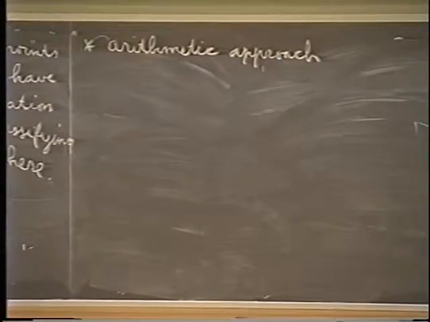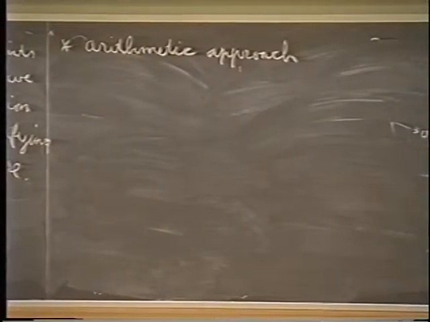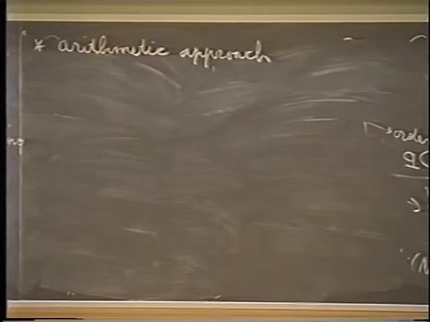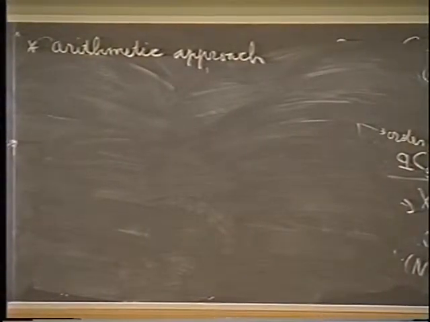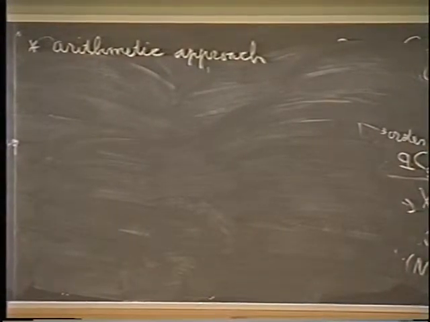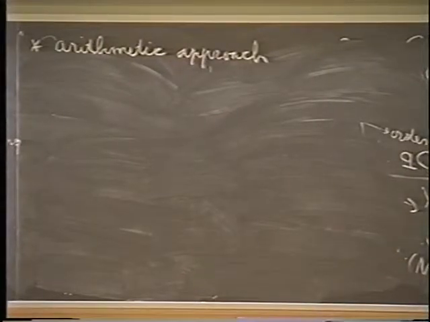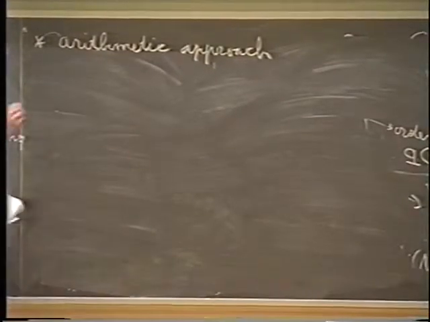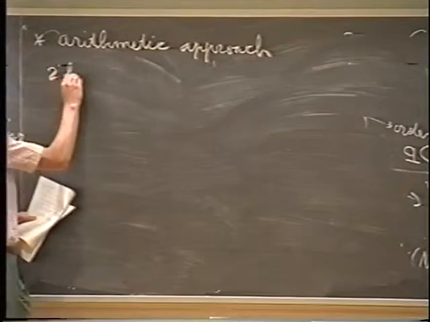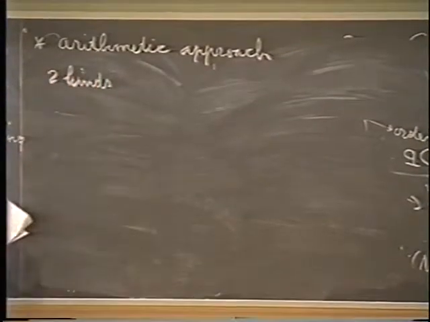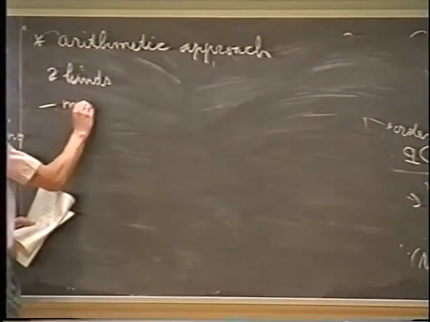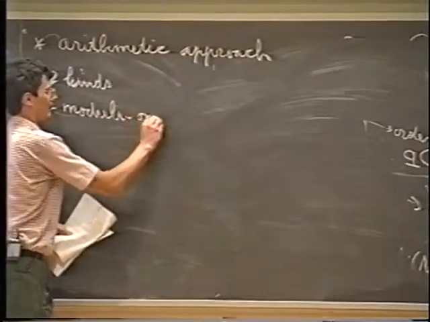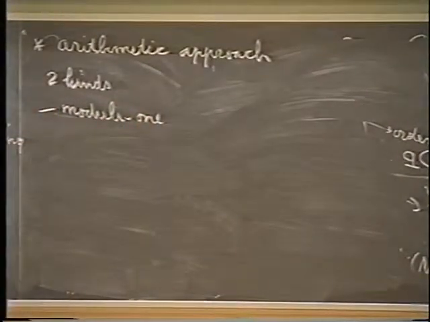It does give you arithmetic, that's why I call it an arithmetic approach here, and also it takes into account that you'd like to have some interpretation in terms of classifying some generalized elliptic curves and maybe generalized subgroups or whatever kind of additional structure you put on them. So there are two kinds. The one is the moduli one, which is really wonderful, beautiful, gives you everything you want.